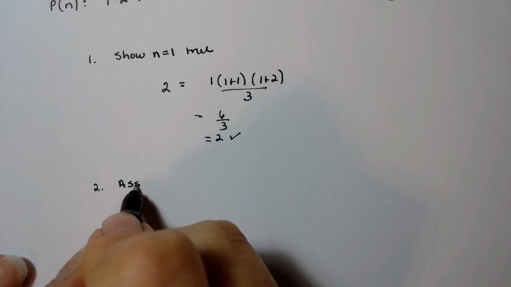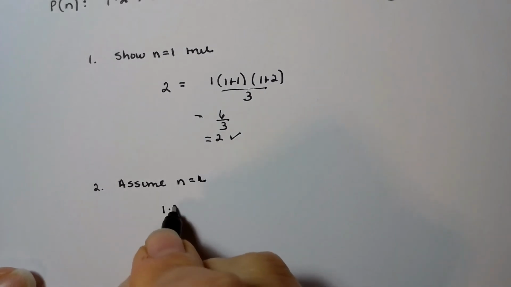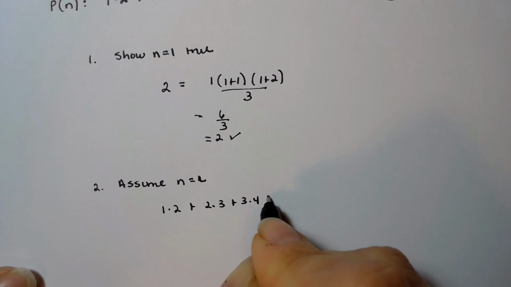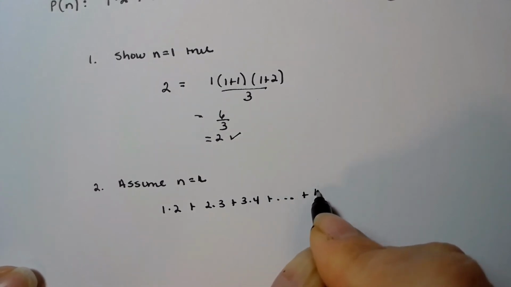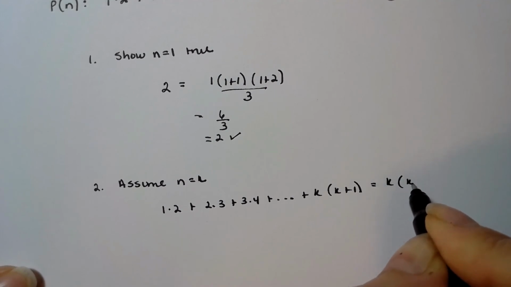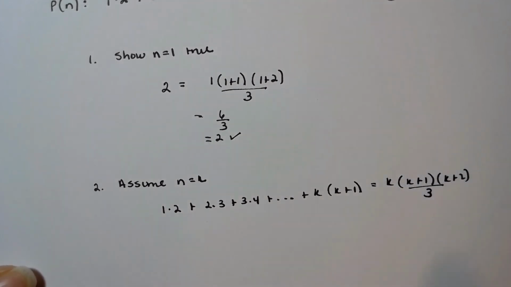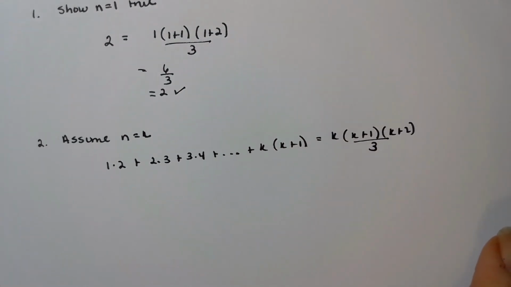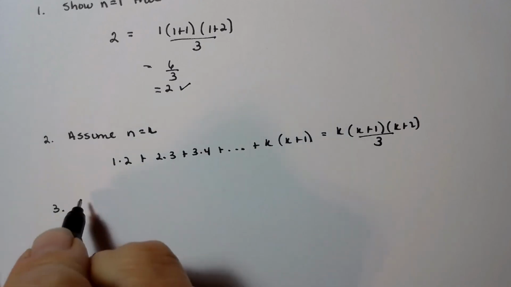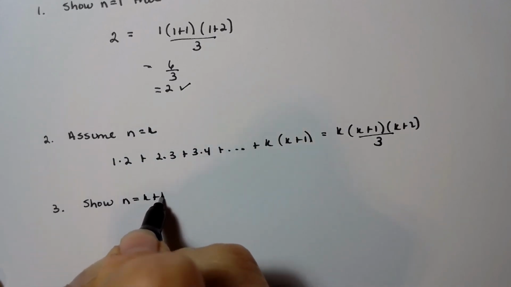I'm going to assume that n equals k. So 1 times 2 plus 2 times 3 plus 3 times 4 plus k times k plus 1 is equal to k times k plus 1 times k plus 2 over 3. And for step 3, I'm going to show n equals k plus 1 is true.